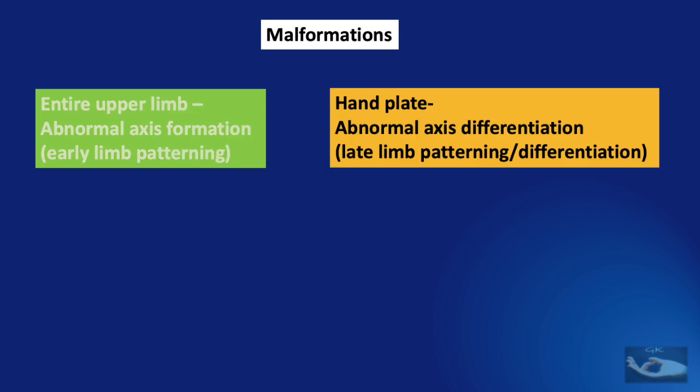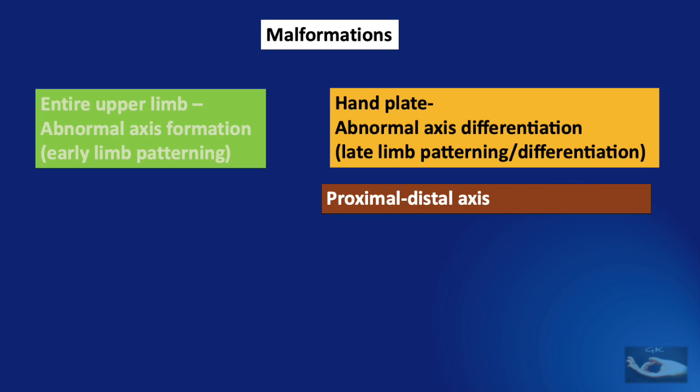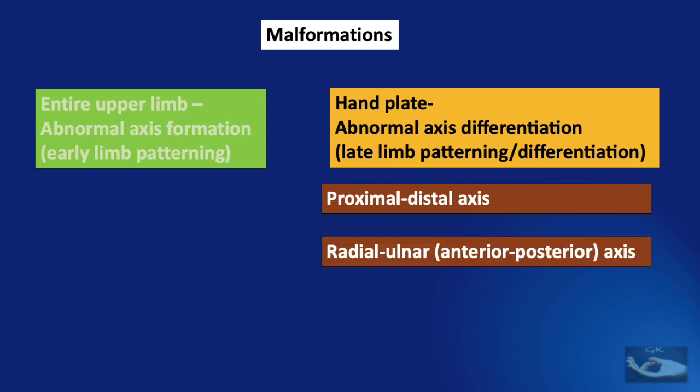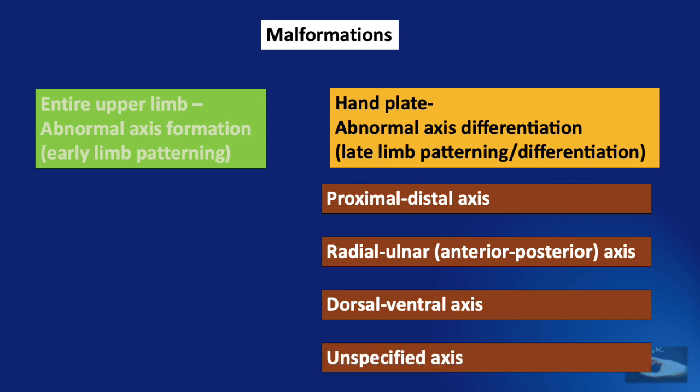We shall now see the classification of malformations involving the hand plate only, that is, resulting from abnormal axis differentiation. This too could involve the proximal distal axis, the radial ulnar or anterior posterior axis, the dorsal ventral axis, or an unspecified axis.